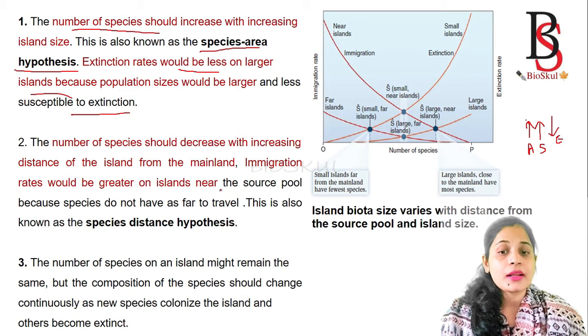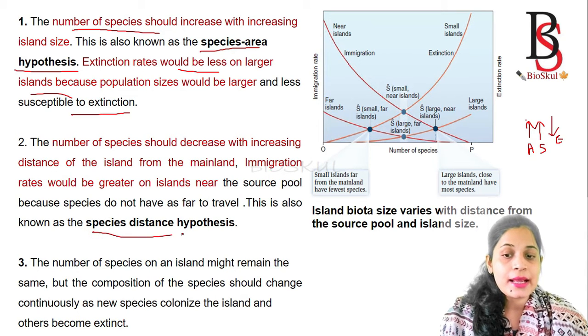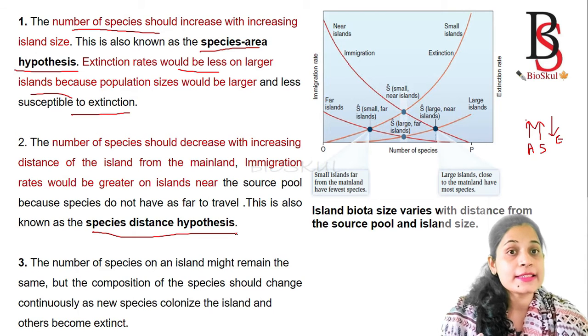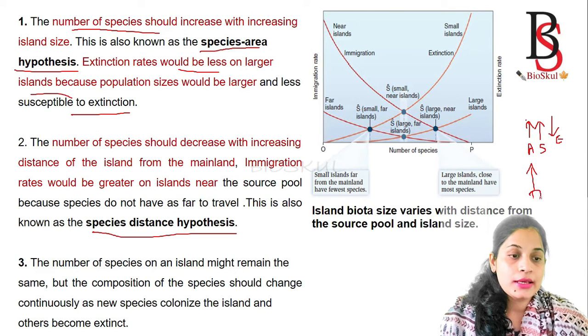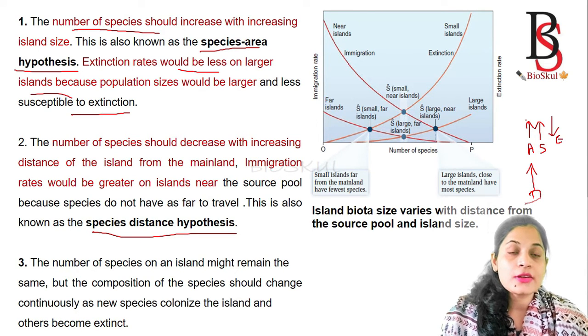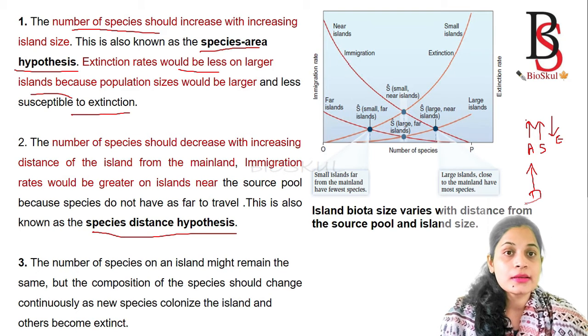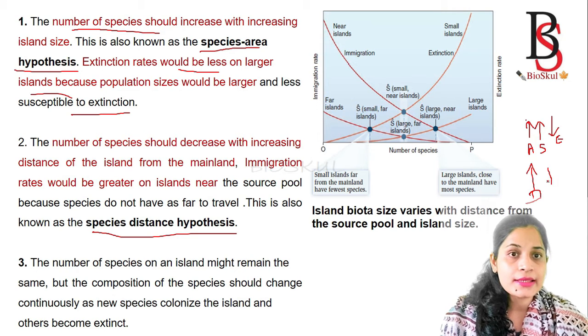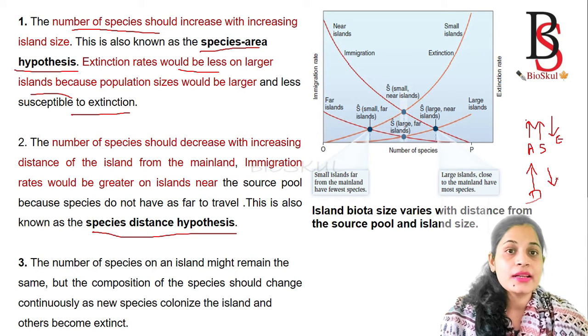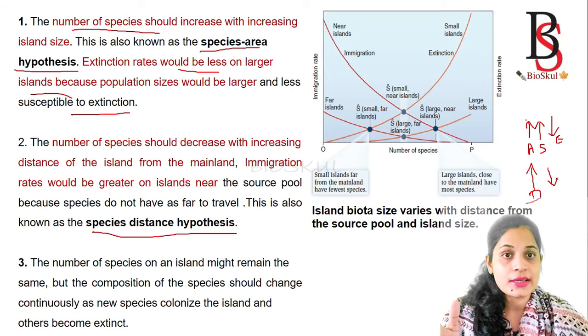And the second hypothesis is known as the species-distance hypothesis. The first one is the area hypothesis, and the second is the distance hypothesis. If the distance of the island from the mainland is far, then what will happen? The number of species will decrease. If the distance is far, why would species travel a long distance?